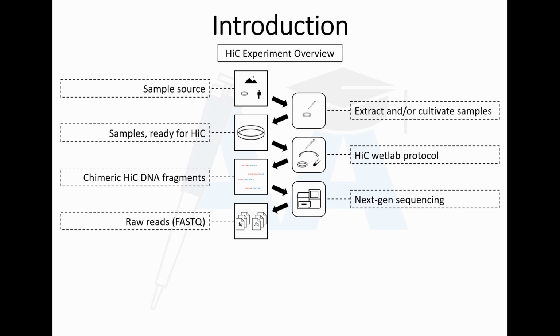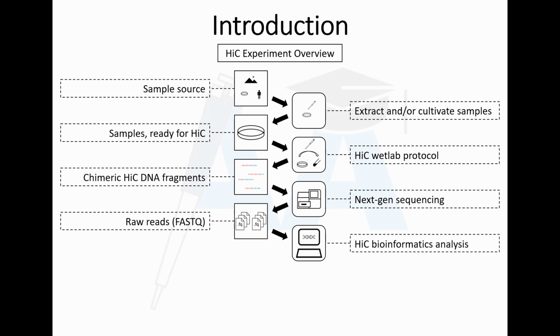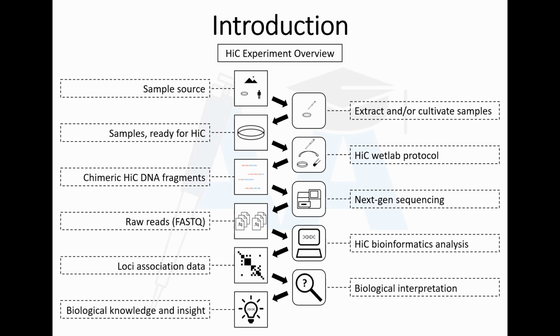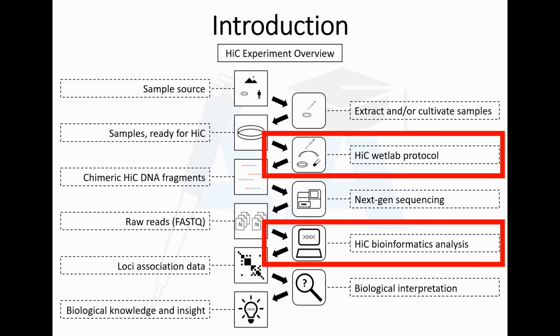These reads are then processed using a HiC bioinformatics pipeline to yield loci association data. This loci association data is then interpreted to give biological knowledge and insight. This presentation will cover the HiC Wetlab protocol and the HiC bioinformatics analysis part of this whole process.